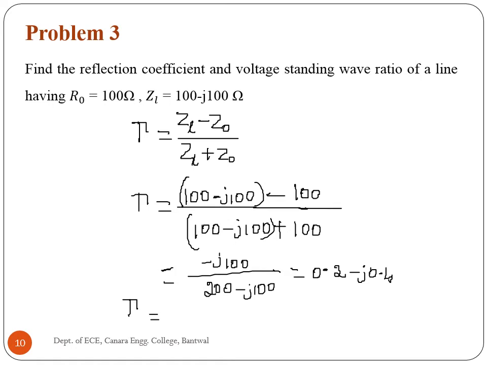In the polar form, the reflection coefficient is equal to 0.447 angle minus 63.43 degree. Voltage standing wave ratio is equal to 1 plus magnitude of reflection coefficient divided by 1 minus magnitude of reflection coefficient.